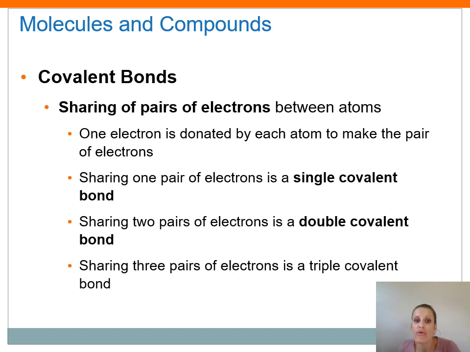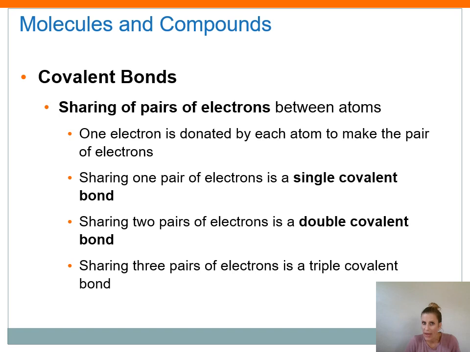So now we'll go through covalent bonds. A covalent bond occurs when there is sharing of pairs of electrons between atoms. So instead of having two atoms where one just gives the other one electrons, neither one of them wants to give anything up. So instead they come together and they share pairs of electrons.